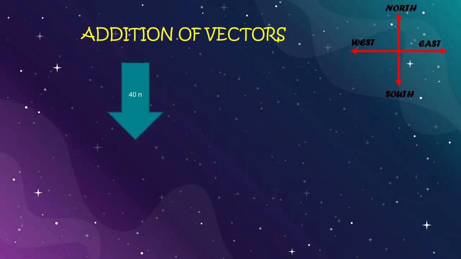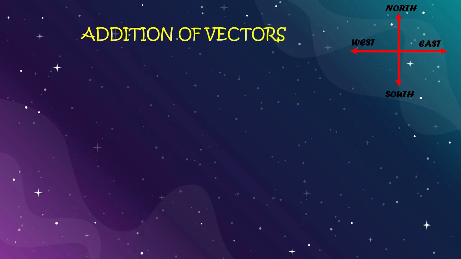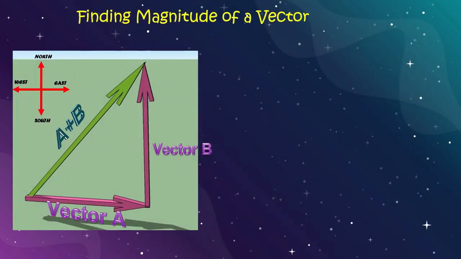Now if a force is coming down towards south and another force is going towards north, both of them coming in each other's direction, then in this case the resultant will be in the direction of the largest one, that is going towards the north.